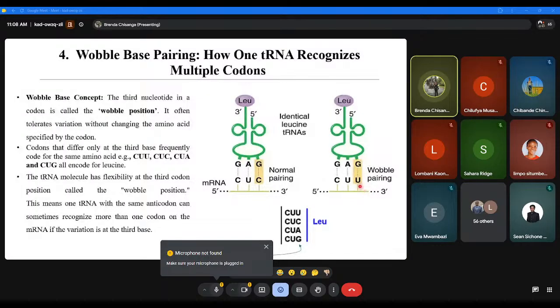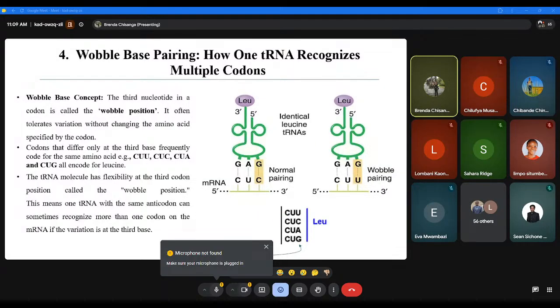It appears that this position can bind loosely to the tRNA. Of course, this is when we go to translation. It is not fixed. Now, like I said, not all amino acids have got more than one codon. For example, we talked about methionine. So wobble base pairing is when the codon on the mRNA at the third position can mismatch, but allow for the entry or for the selection of the same amino acid.